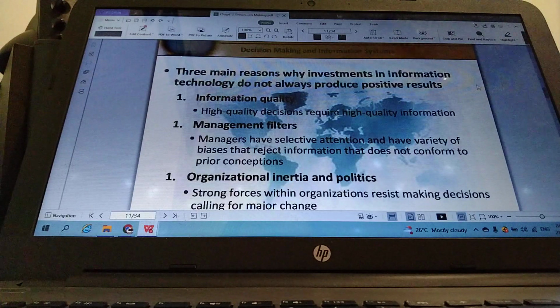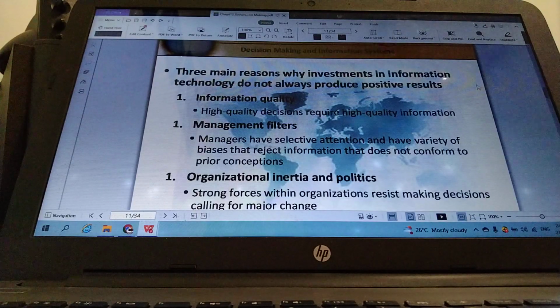You still can depend on the feedback or recommendation made by the system, but you have to revisit those recommendations by the system before you make the final decision. So the first reason is the quality of the information or the quality of the suggestion or recommendation by the system.